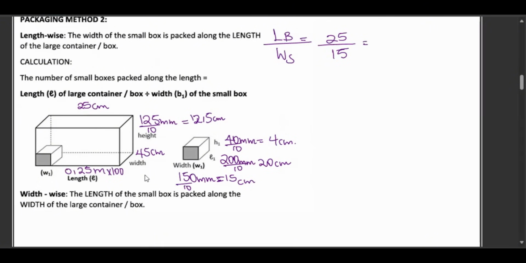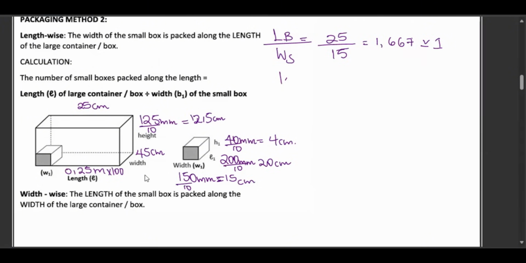25 divided by 15, we have an answer of 1.667. In other words, it's one box. If the width of the smaller box is facing the length, then the length is facing the width.